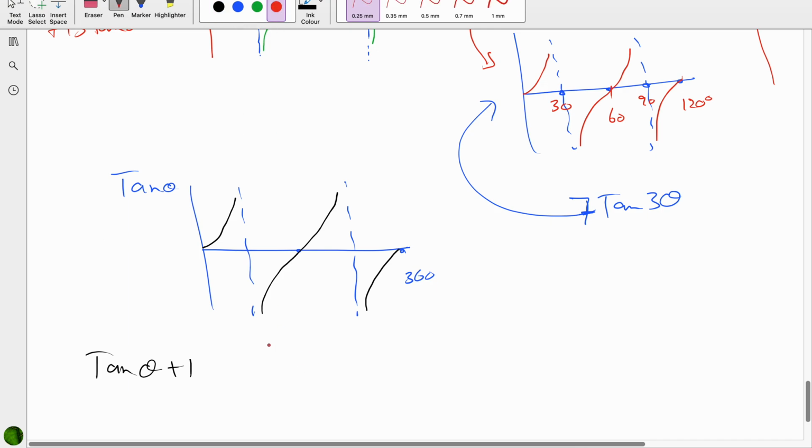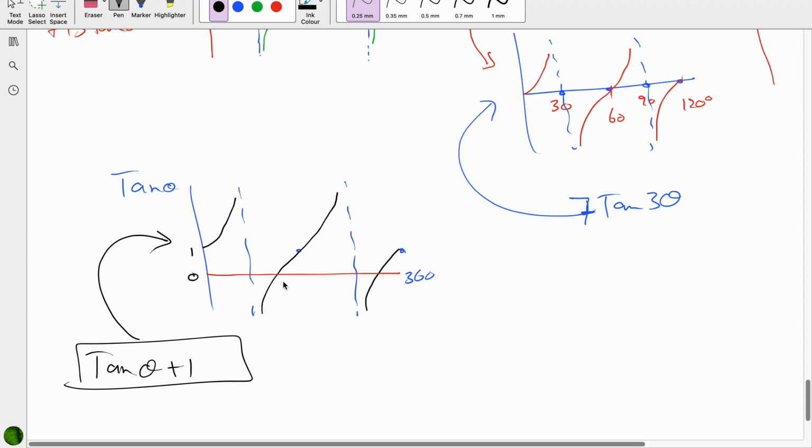Now moving these curves 1 unit up is a task. So moving the horizontal line, the x-axis, down by 1 unit is much easier. And if you just remove this and write 0 here and 1 here, now this is tan theta plus 1, graph of tan theta plus 1, this right here.